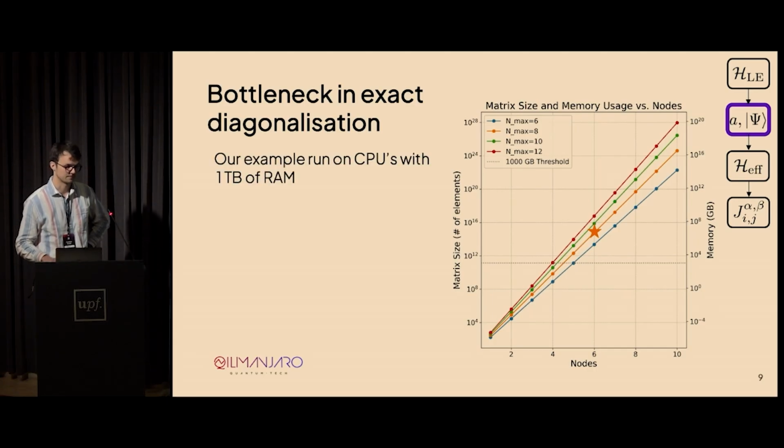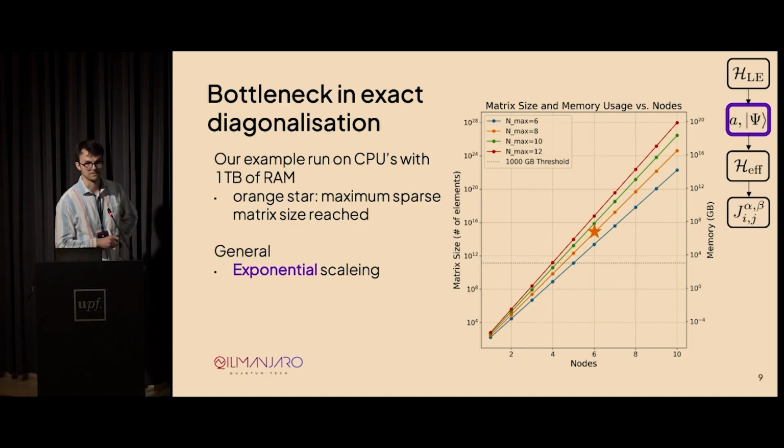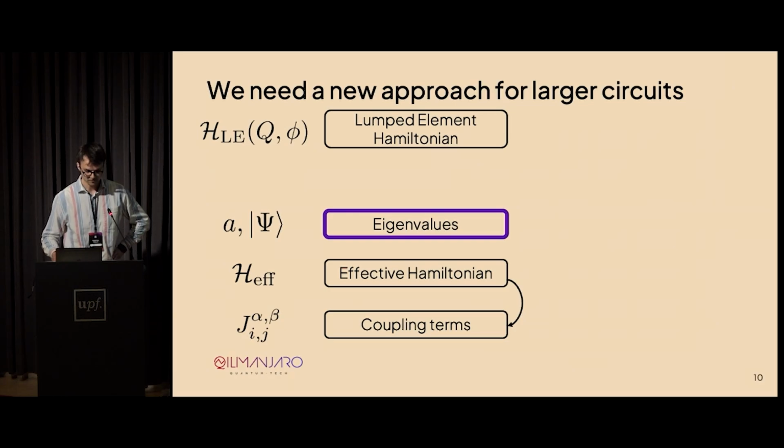If I run the previous problem on 1 terabyte of RAM, I get only to the orange star, which is a bit above this 1 terabyte because they're sparse matrices. So this is a pretty modest sized circuit, and we're not able to simulate it even with pretty big resources. This exponential scaling of the representation is really not efficient. So we need to come up with another scheme.